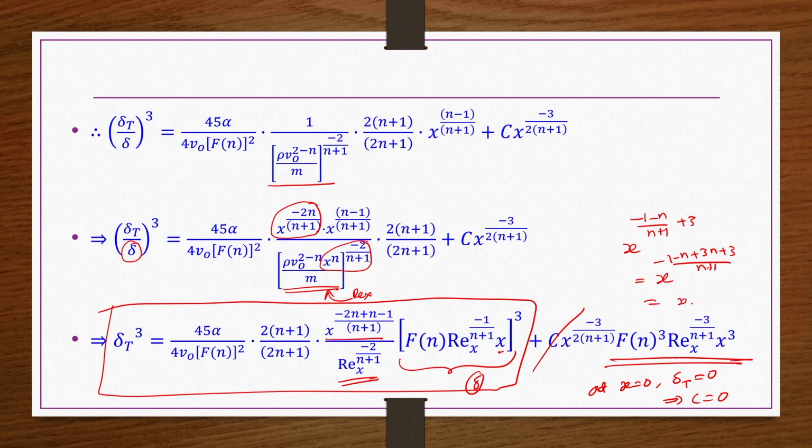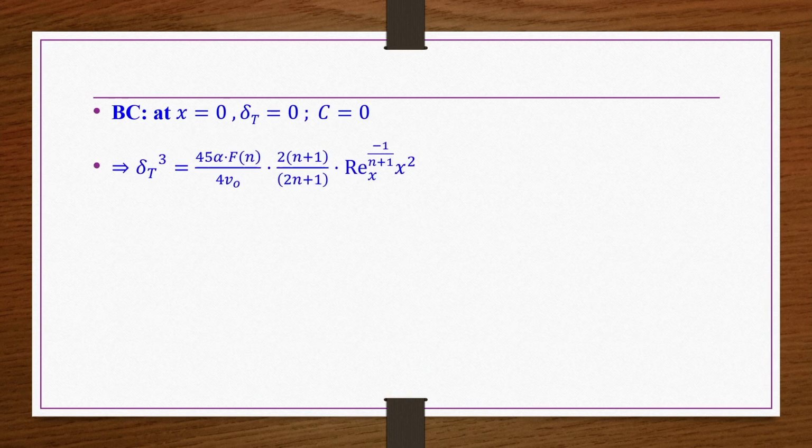So that is x power 2n plus 2, that is 2 multiplied by n plus 1 divided by n plus 1. So this n plus 1 cancels out and you get x square. So these two terms, when you combine this term and this x cube term, you get x square from this simplification. The rest of the terms are as they are.